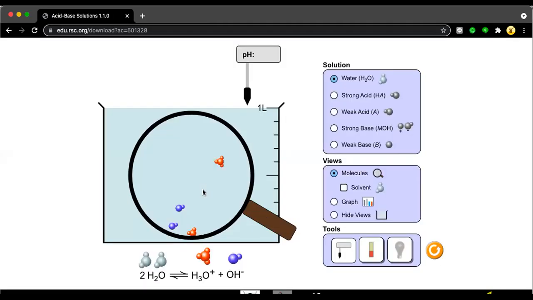If you go to introduction, this is how the animation looks like. This is the pH meter. All right. There are a few solutions to select here. So you can actually extend it to base because it also has base, and they have molecules, solvent, graph.